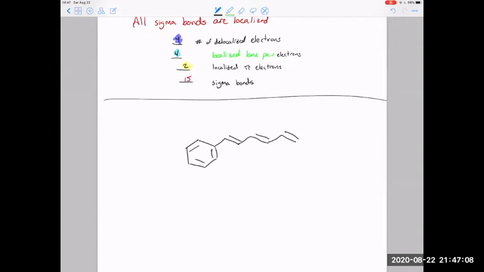Importantly, I have that perfect spacing of 1 sigma bond in between. If I had something like this, these electrons would not delocalize outside of the ring, again, because I have an sp3 hybridized atom messing it up.